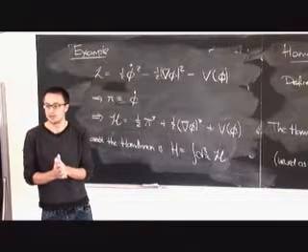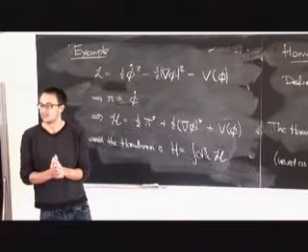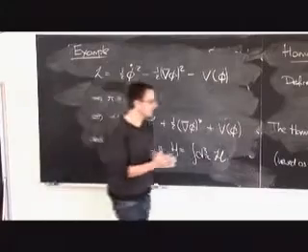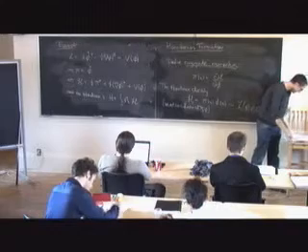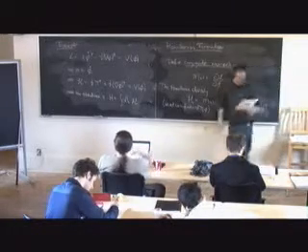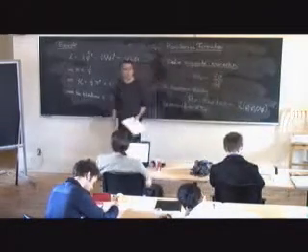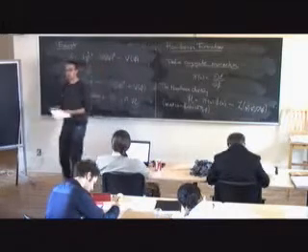No? All happy? Good. Good, so that's the end of classical field theory. So now we're going to turn to quantum field theory. From now on, h bar is equal to 1 instead of 0.